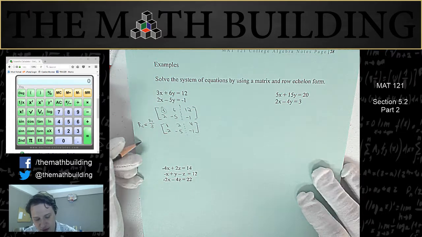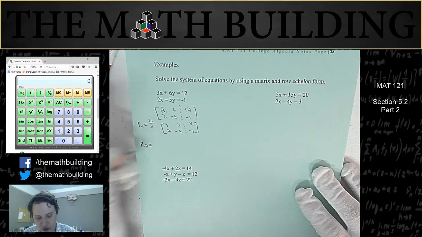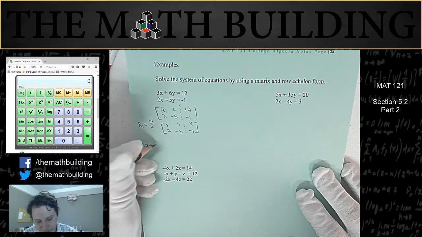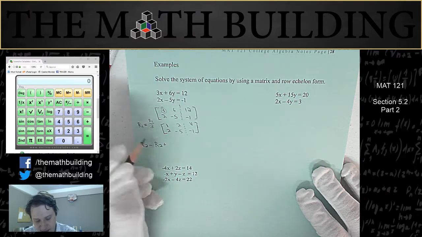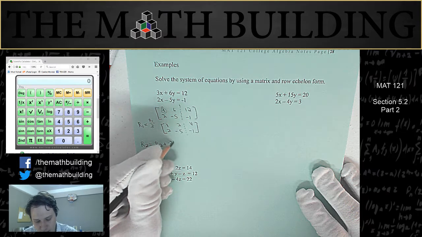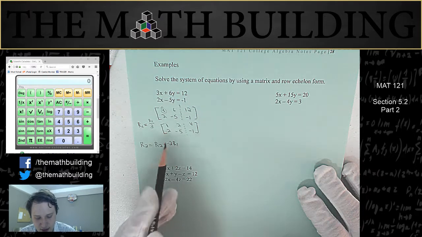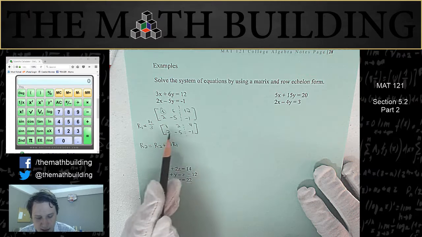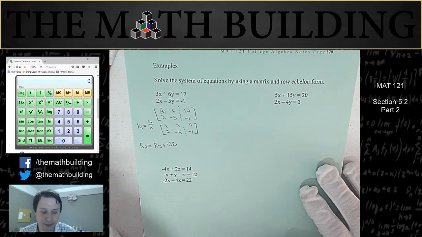Here's how to write this. We are replacing row 2, so you write row 2 equals row 2 plus -2 times row 1. Let's walk through that again. We're going to replace row 2 by adding it to row 1 multiplied by -2.